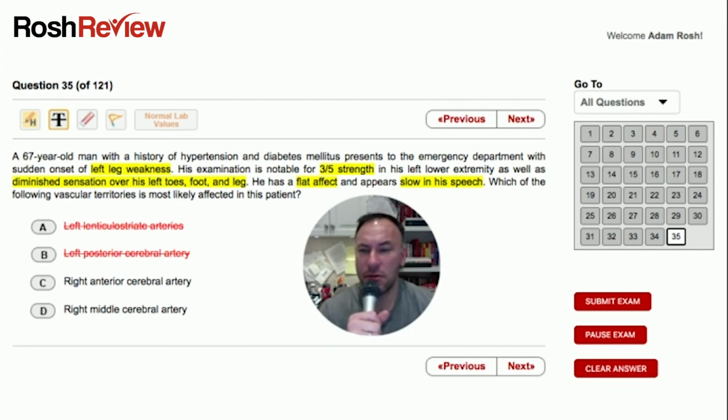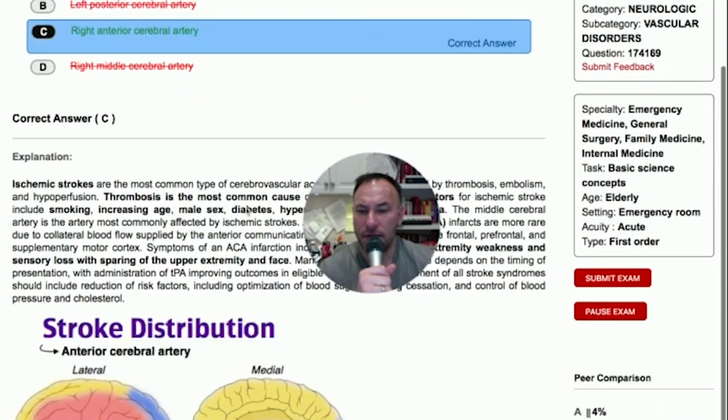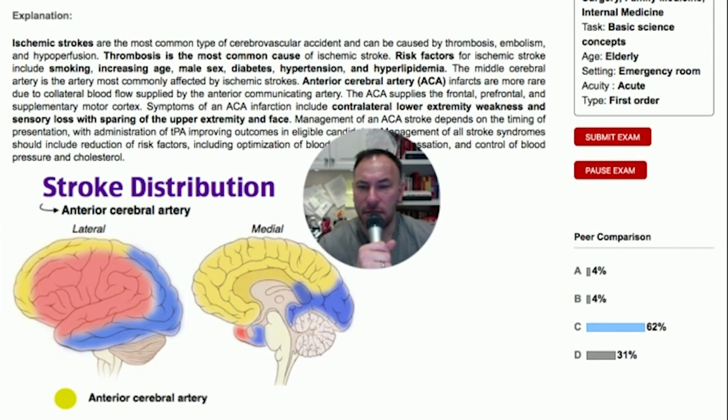So let's go. We're going to cross out answer choice D here. And I am going to go with the right anterior cerebral artery, answer choice C. And sure enough, that is correct. And we can see here the distribution of the anterior cerebral artery.